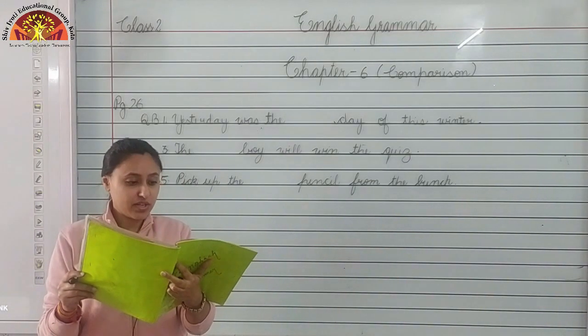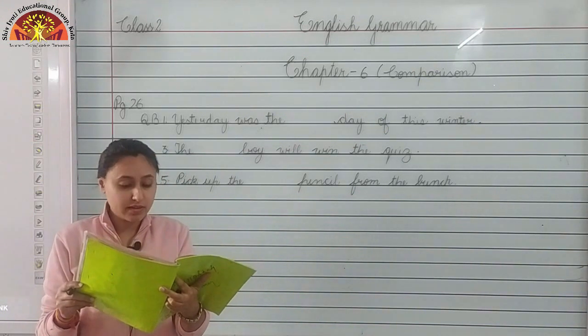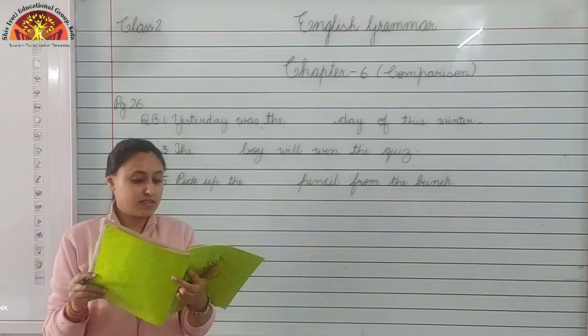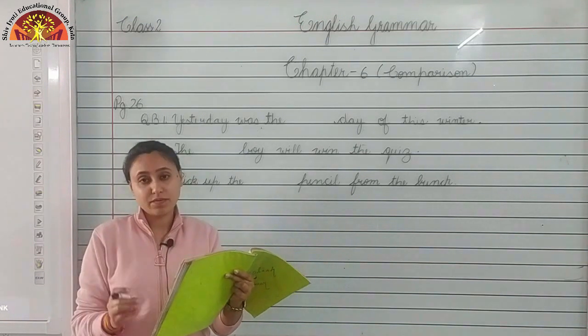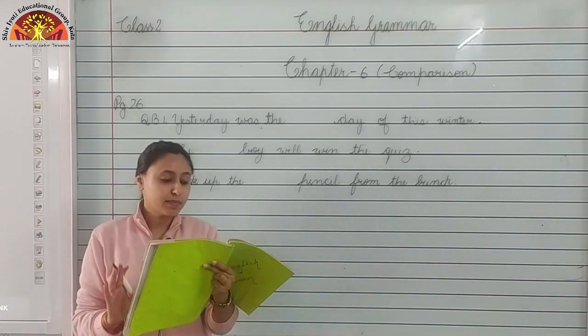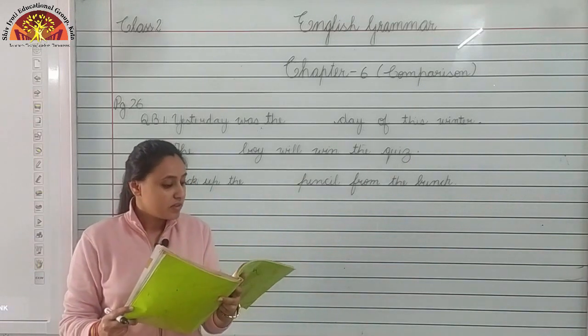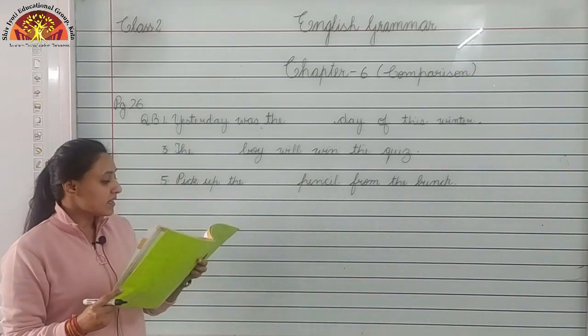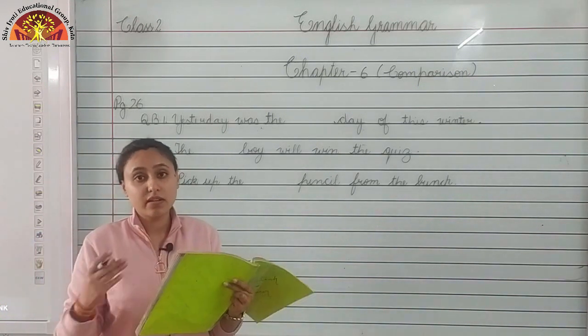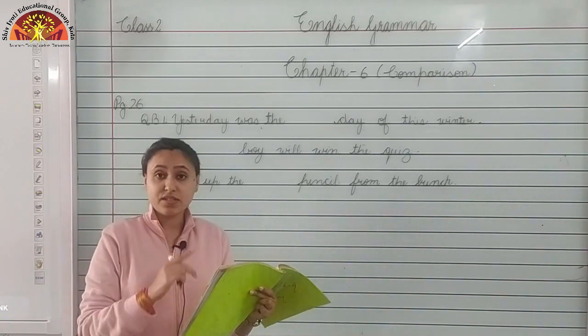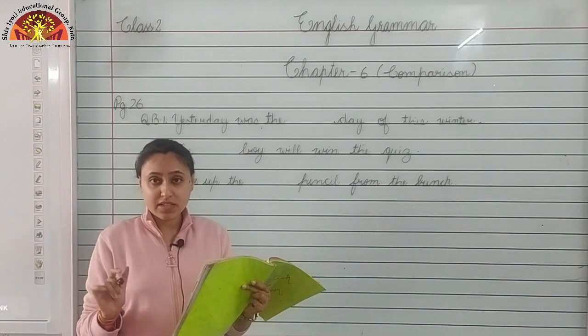Choose suitable adjectives from the ones given and complete the following sentences. So children, some adjectives are given to you. You have to choose the correct one and complete the sentences. Number 1 is, yesterday was the dash day of this winter. So children, here we are comparing yesterday with all the days of the winter.